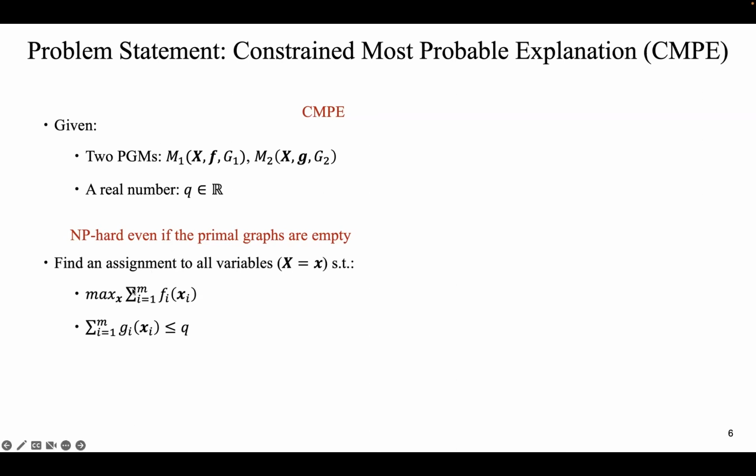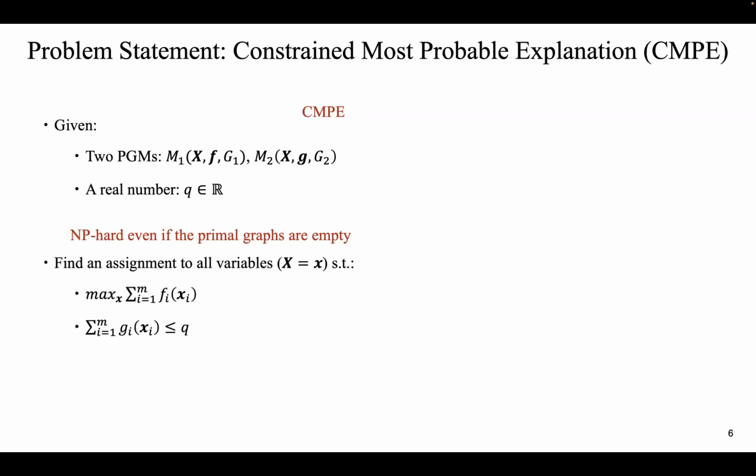You have a maximization over the graphical model subject to a global constraint, which is defined by another graphical model. The problem is clearly NP hard because even the unconstrained version, which is nothing but the most probable explanation task in graphical models, is known to be NP hard.